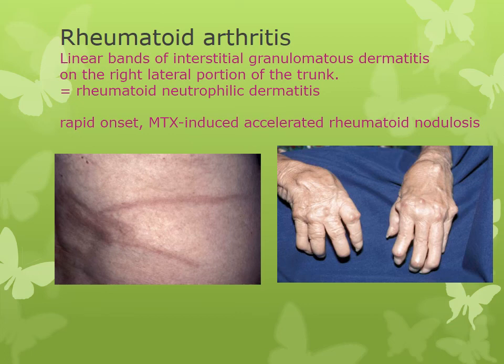One of the rare cutaneous manifestations of rheumatoid arthritis is rheumatoid neutrophilic dermatitis. Here there are linear bands of interstitial granulomatous dermatitis on the right lateral portion of the trunk. Usually in these cases, after starting methotrexate for treatment, the patient may show accelerated rheumatoid nodulosis.